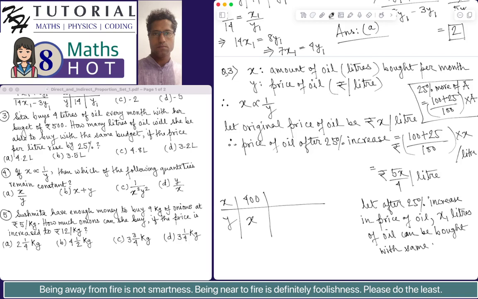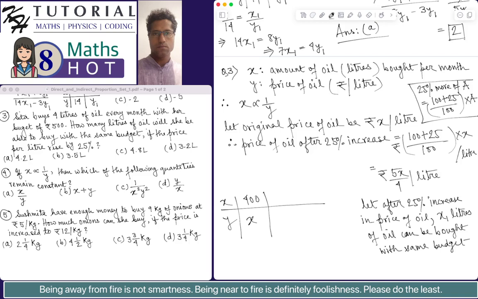Now rupees 500 will not matter. This figure is not important to solve this problem. Instead of 500, it could be any other value. It is not used to solve this problem, let's say, same budget.